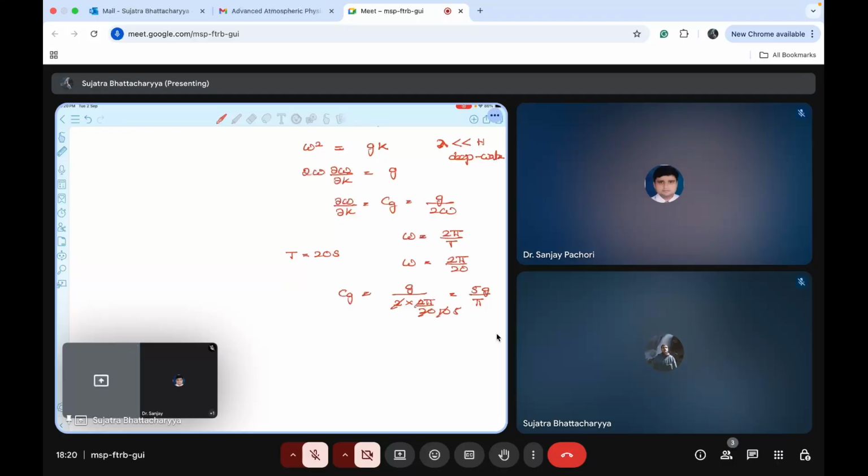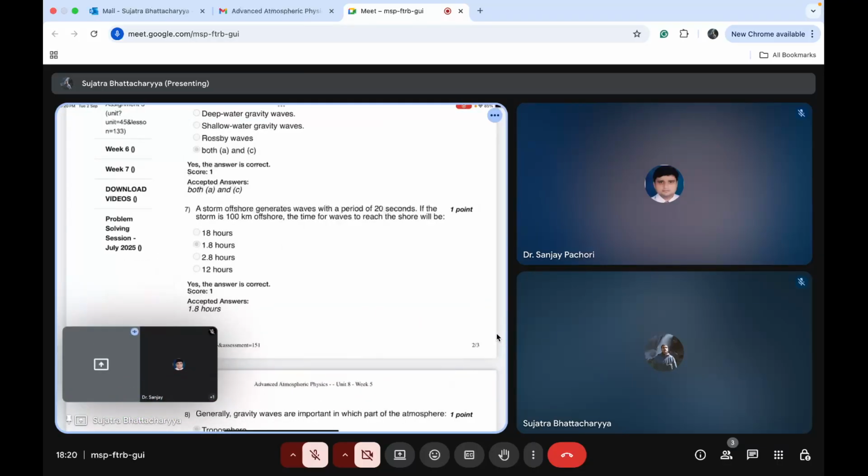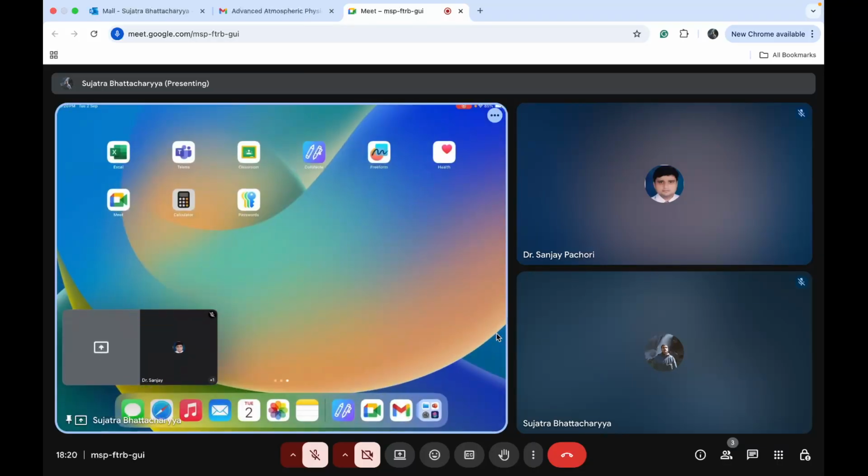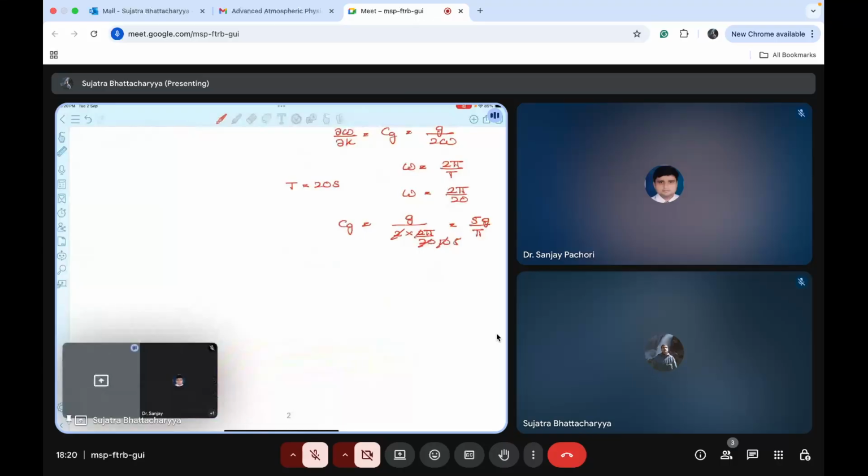Now, how much time it will take to reach? I think 100 kilometers was the distance. Yes, 100 kilometers. So now it's quite simple. Cg is equal to the distance divided by the time it will take.